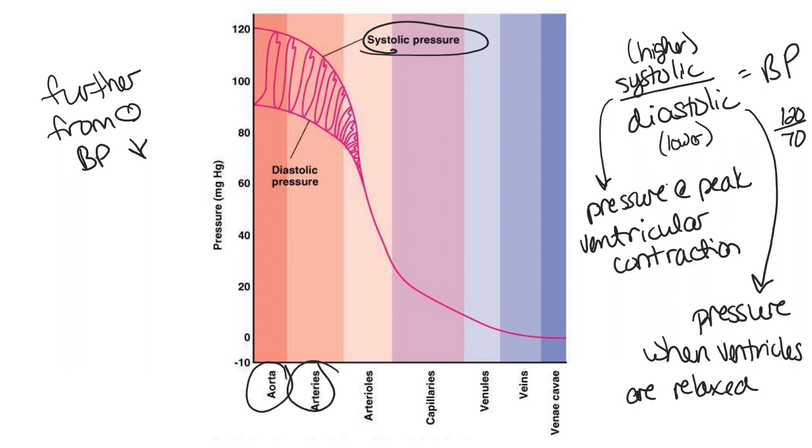And you can see that it's coming closer to the diastolic pressure, where the two are basically the same as it's moving through the capillaries, through the veins, back into the vena cava. So to get those two separate readings for systolic versus diastolic blood pressure, you're definitely taking pressure from an artery. Like we said before on the last picture, we'll take it from the brachial artery, the artery there in the elbow, using the cuff.